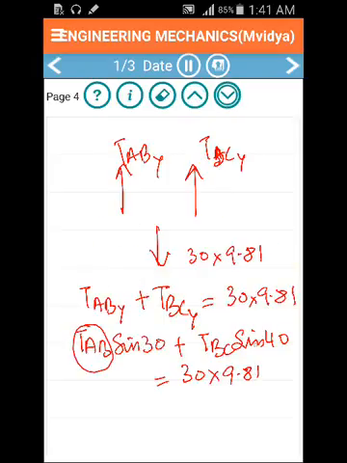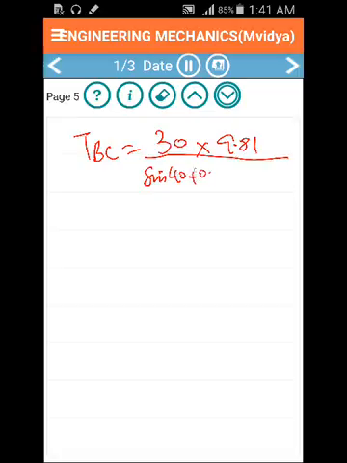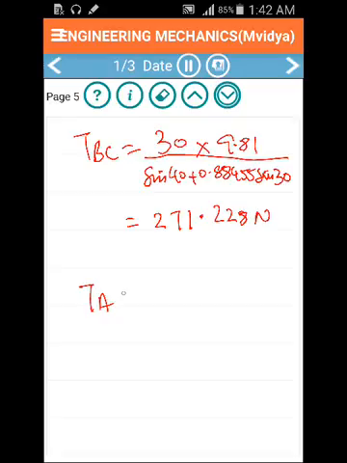So if I substitute that over here, I'll get my TBC as 271.228 newtons and my TAB is 0.88455 into this, which is 239.915 newtons.